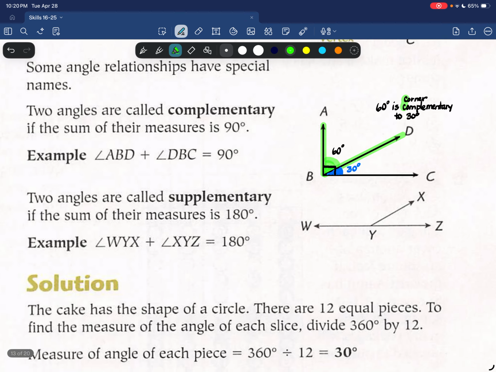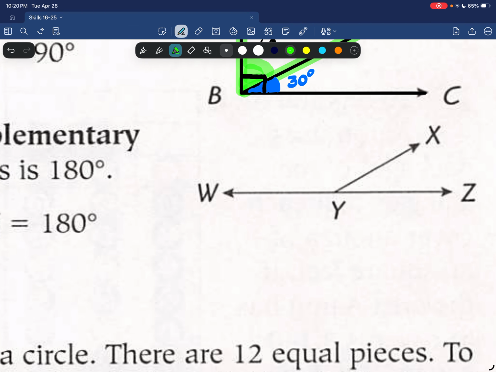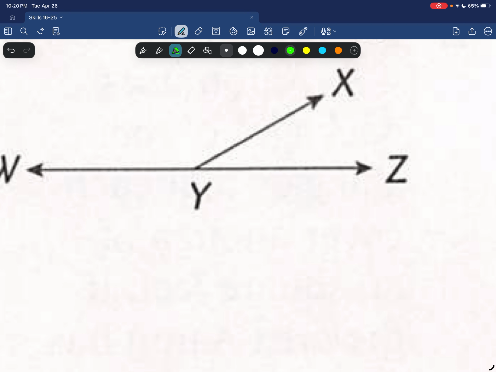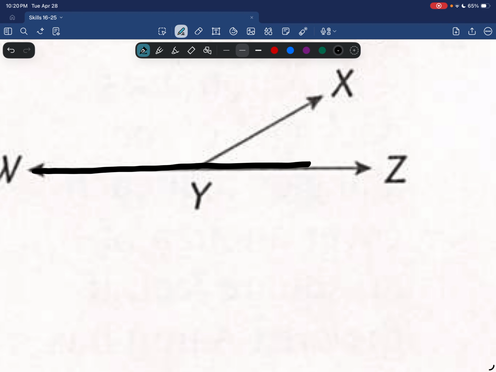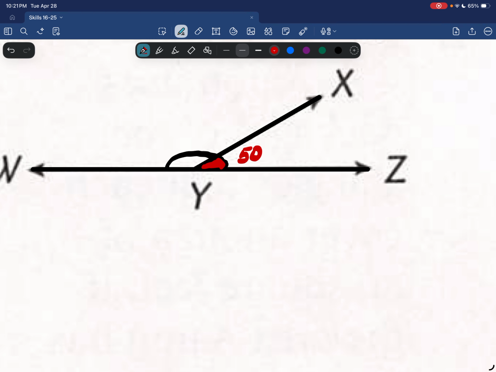Supplementary angles add up to 180. So for example, let's look at this one. Remember that straight line is 180 degrees. So I know this is half a circle, that's 180. And then I have this line coming, it's actually a ray coming off of there. So maybe this part of the angle is, I don't know, let's say 50 degrees.